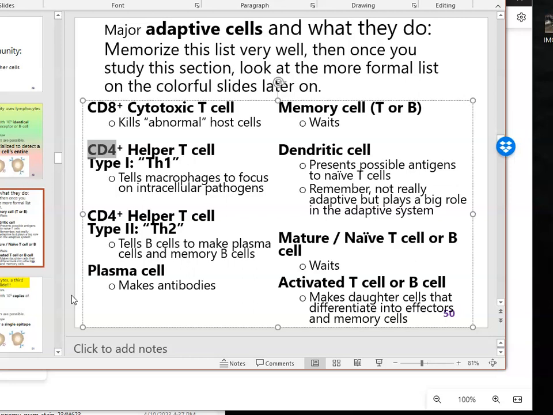All right, so lymphocyte development and effector cells. That's it. We looked at receptors, antibody functions, antibodies, and development, and that's a pretty good list of things to know for essentials of adaptive immunity.